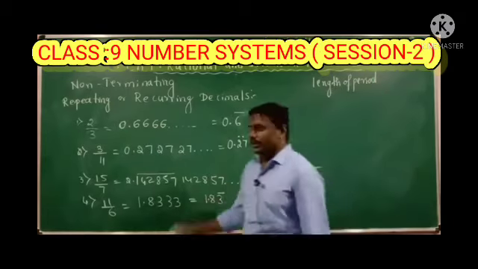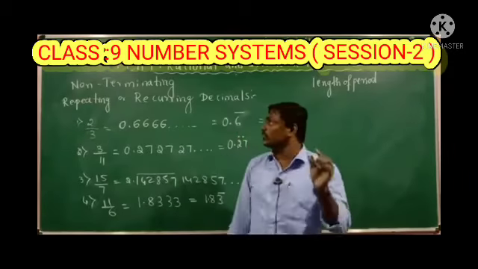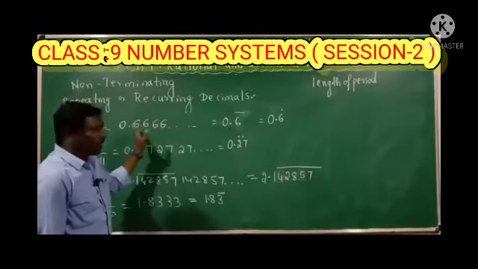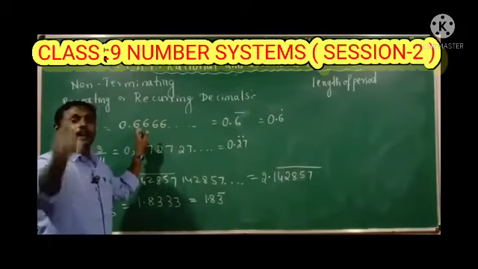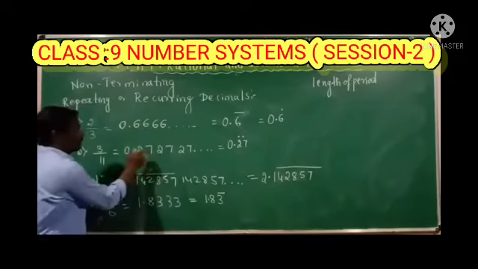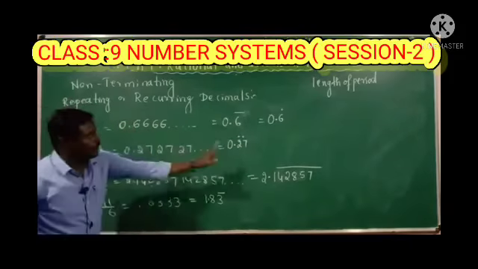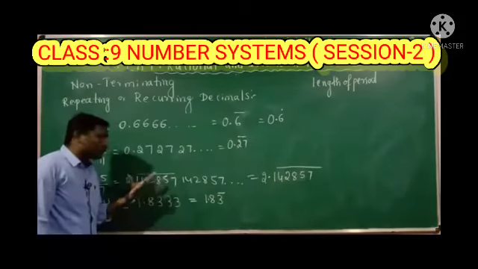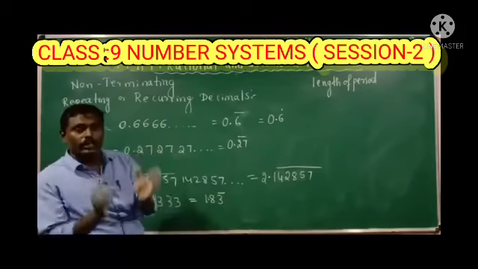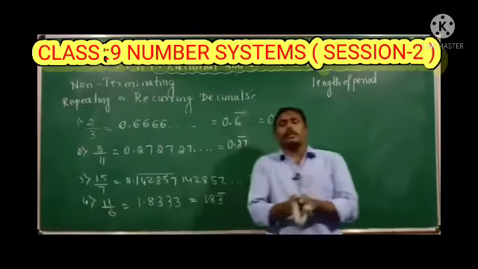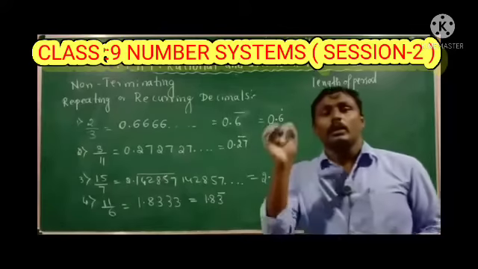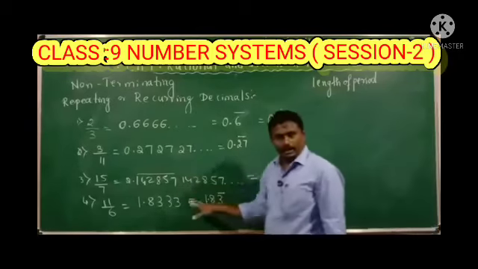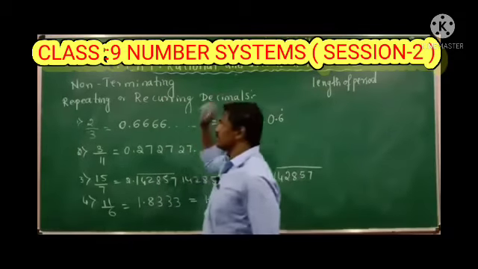In non-terminating rational numbers, the repeated digits may be a single digit or two digits. Here two digits are repeated, here a single digit is repeated, here a group or set of digits is repeated. These types of repeating decimals are called periods, or circulating, recurring numbers, or recurring decimals.